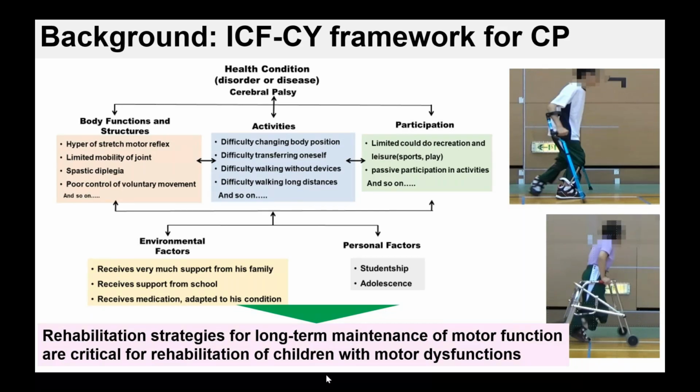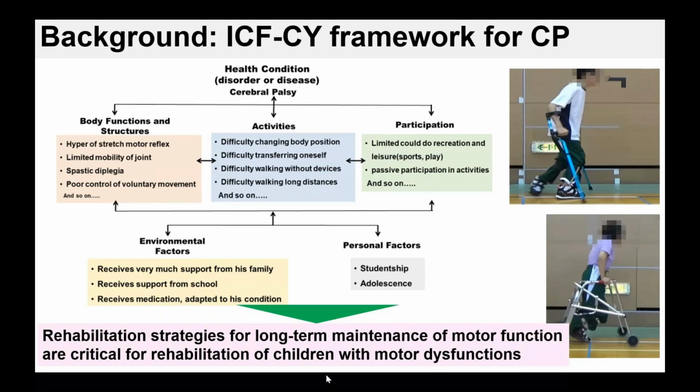The International Classification of Functioning, Disability and Health, Child and Youth (ICF-CY) was suggested by the World Health Organization as a common framework to describe health and functioning. Therapeutic rehabilitation procedures can enhance body structure and function and individual activity or participation according to ICF-CY.